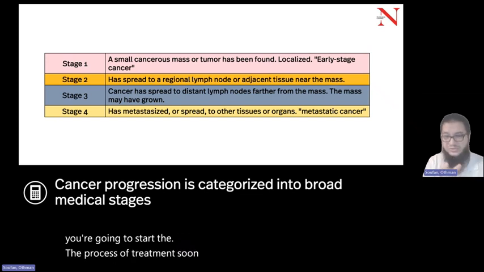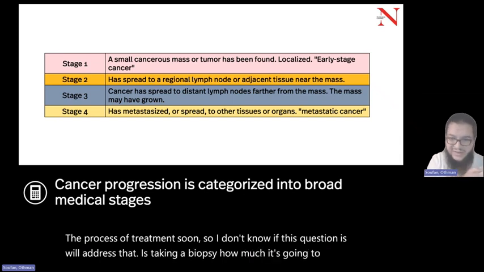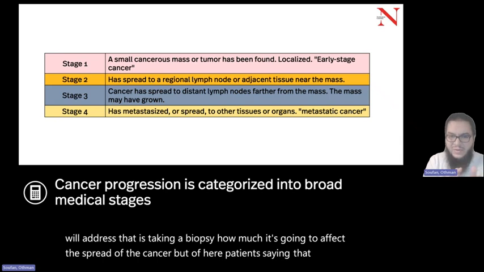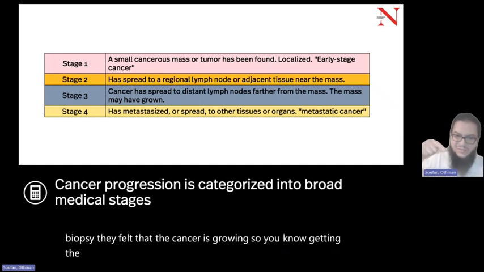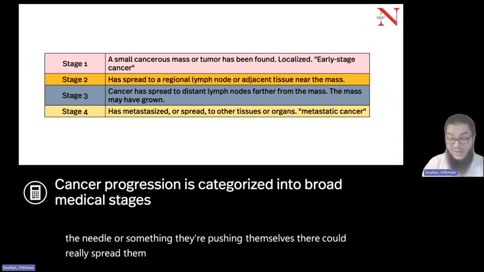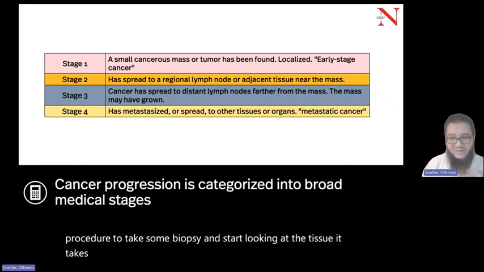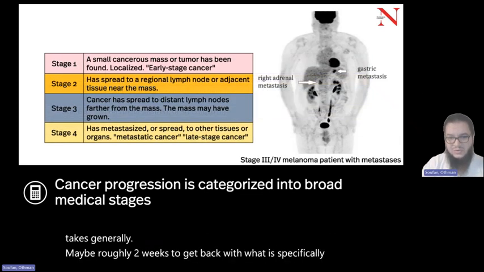I don't know how much taking a biopsy is going to affect the spread of the cancer, but I've heard patients saying that after the biopsy, they felt that the cancer was growing. So, getting the needle or something there, pushing these cells could really spread them somehow. But anyway, that is a needed procedure to take some biopsy and start looking at the tissue. It takes generally roughly 2 weeks to get back with what specifically is that type of cancer or stage.